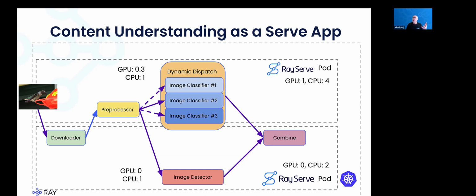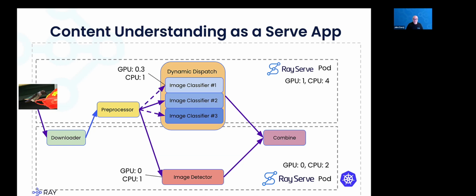So over here, I can say for my image classifier I want to use a fraction of the GPU because I don't need an entire GPU, and for the image detector I don't need one. This whole idea of writing your end-to-end application using a single Python script, and being able to scale it flexibly and independently because each of these models can be scaled, is part of what we think is the solution to address these problems.